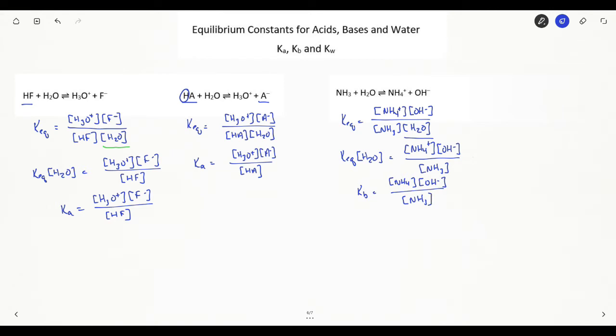Of course, just like we did for the acids, it's very helpful to get a generic equation for all bases. So here is our chemical equation for bases acting in water, and let's get a Kb for this.